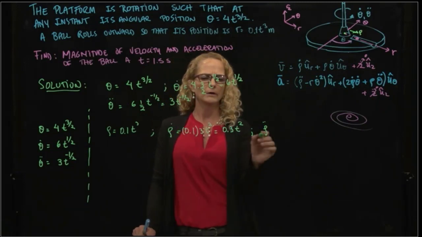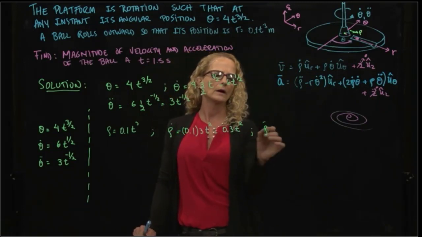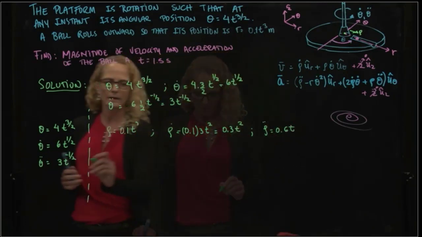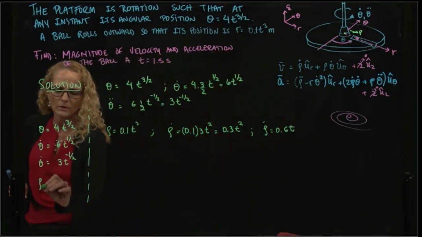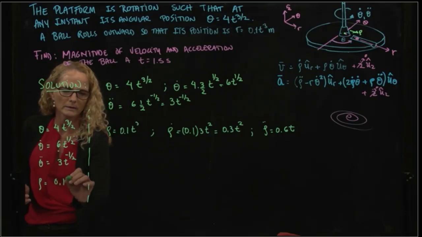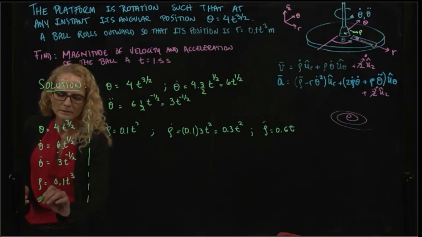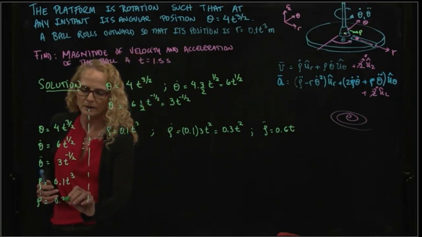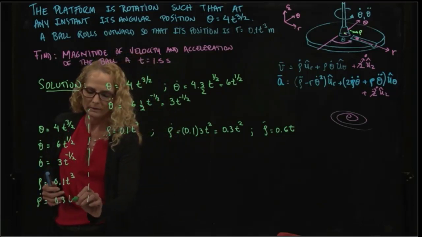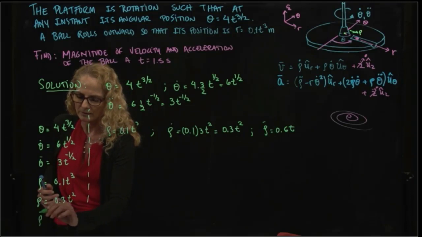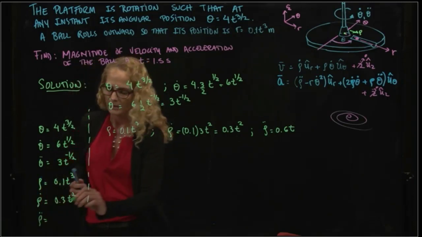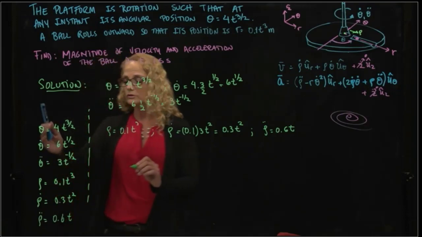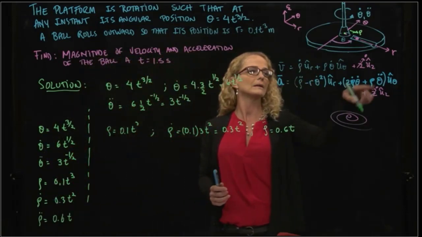The second derivative will be 0.6t. I just want to be organized, because it's very important to find out if we made a mistake. When we have the data organized, we find our errors much easier. So those are our variables that we will plug in here.